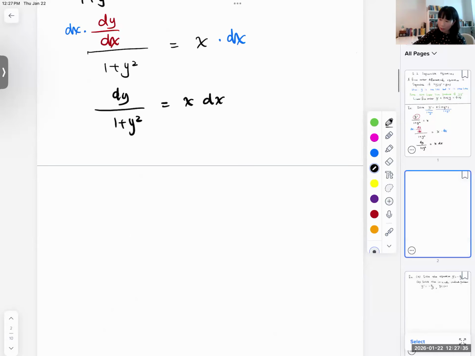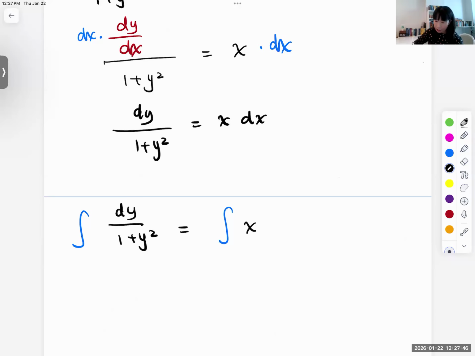We have the integral of both sides: the integral of dy over 1 plus y squared equals the integral of x dx. Can you please think about that? What is the integral of 1 over 1 plus x squared? We studied that, right? It's the same.